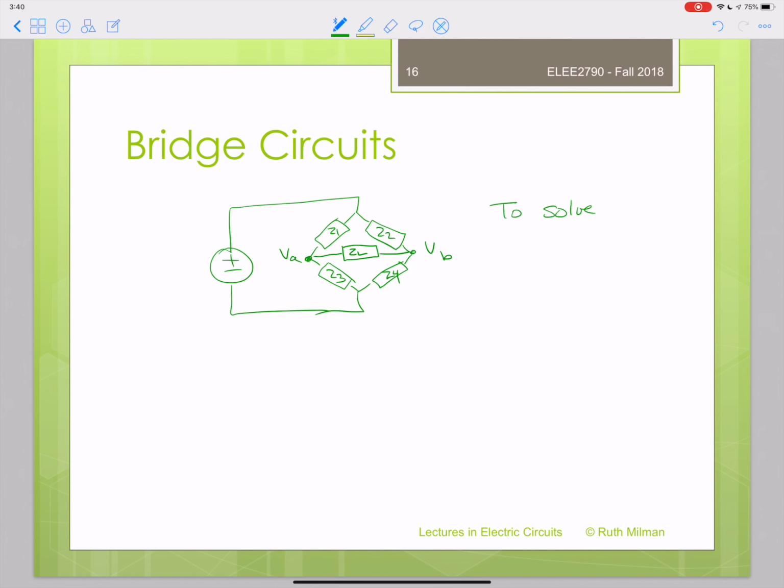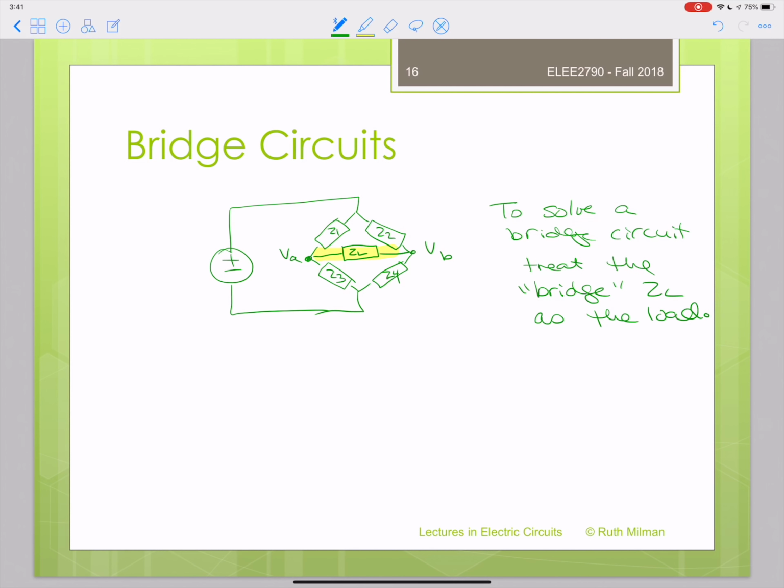To solve a bridge circuit, you can treat the bridge or the circuit that's in the middle, so this is the bridge, our loading circuit, as the load of your circuit. So to solve a bridge circuit, treat the bridge, which is ZL, as the load.